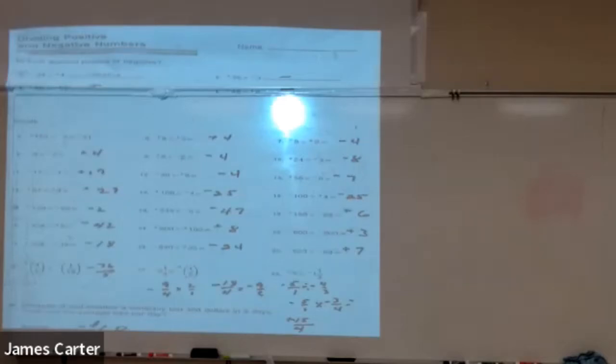I tried to increase the size of this as much as I could to make it easier to read. Then on 27 and 28, you can see the steps involved in getting the answer.